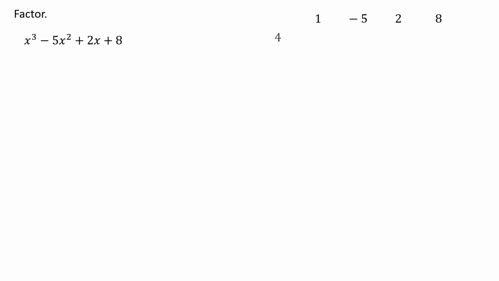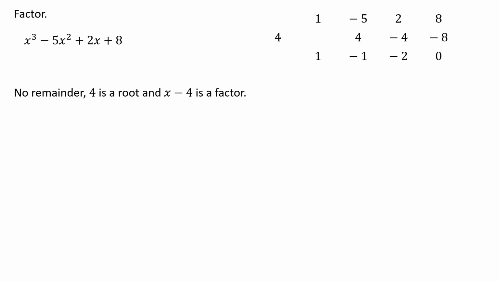Now notice what happened. I could have tried 4. And I can do my drop, multiply, add, multiply, add, multiply, add. Right, and I go through. And I could have found that 4 happens to be a root. And so I could have had x minus 4 as my factor.